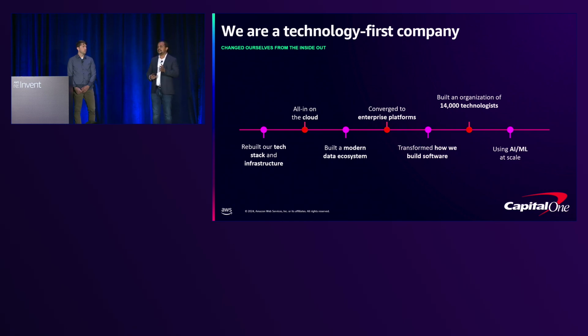And there are other major things that we did. But fast forward today, we sit at the forefront of AI, leveraging AI and ML for millions of customers because of the foundation that we've been building and the investment that we've been doing the past decade and more in modernizing our data ecosystem and also software technology.